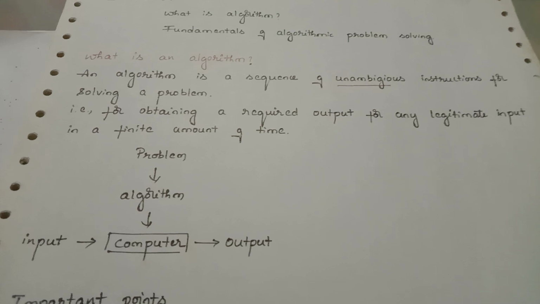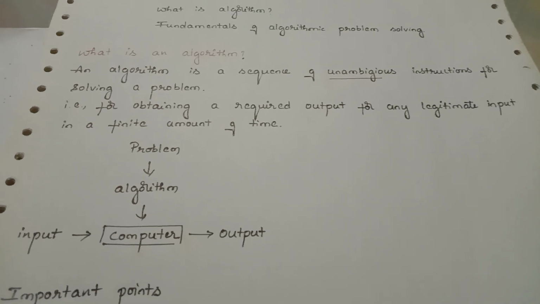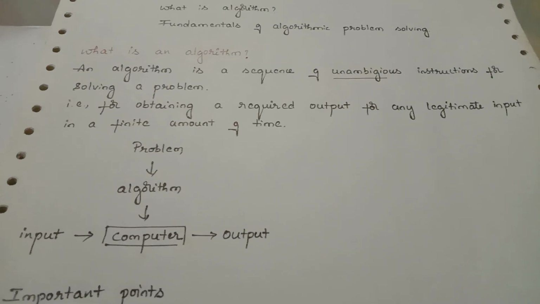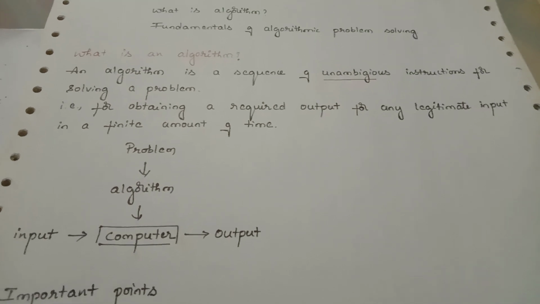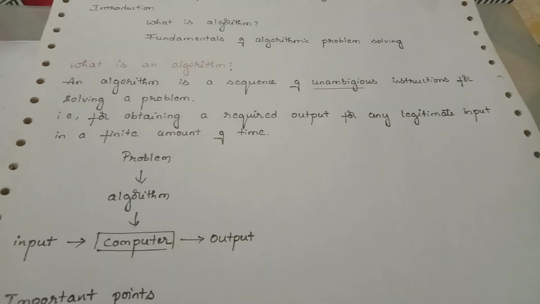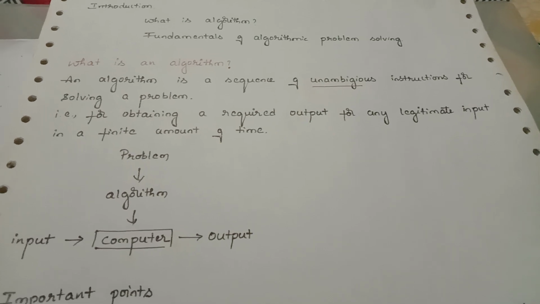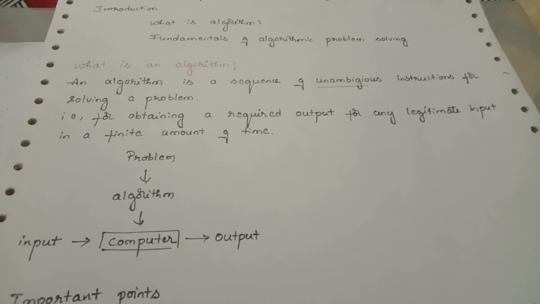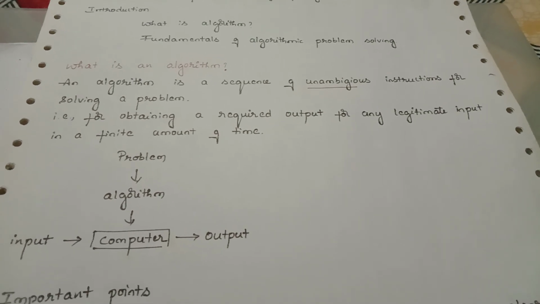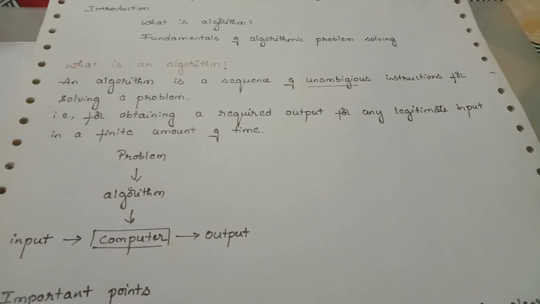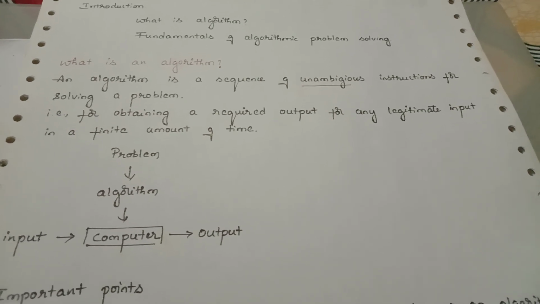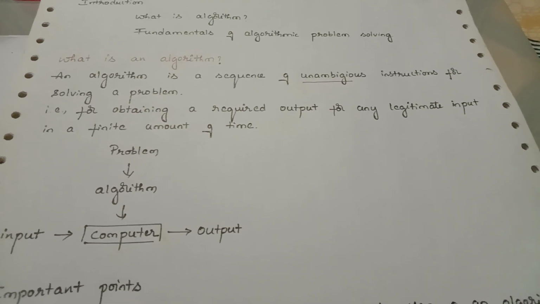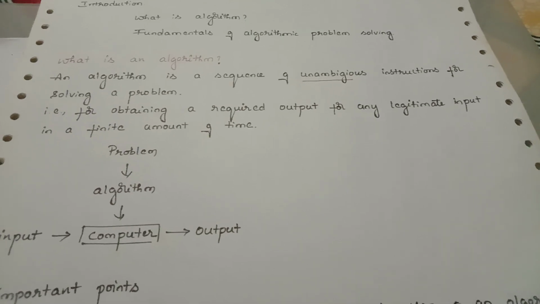So here the algorithm is a sequence of unambiguous instructions for solving a problem, and what this actually means is we have to obtain the required output, that is, whatever output we require, which is the solution to the given problem, for any legitimate input. That means for any valid input. For example, if we are going to write an algorithm to add two integer numbers, the numbers should be integers.